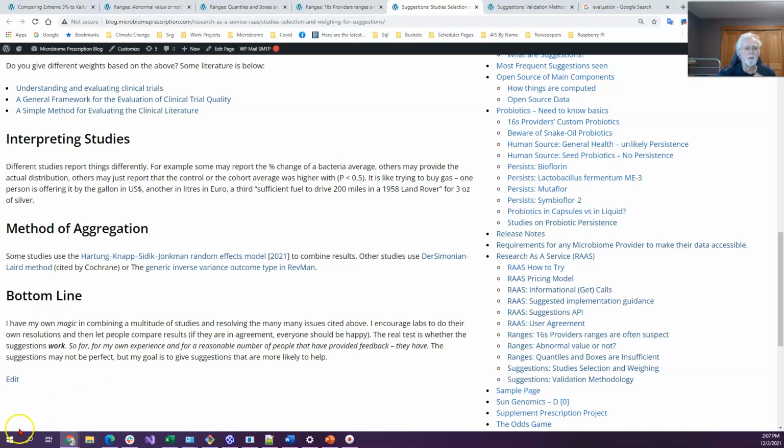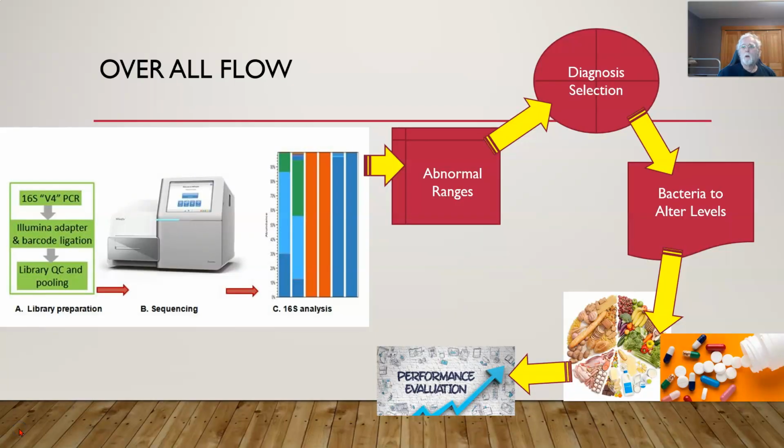Now, at this point in time, let's flip back. We have identified a bacteria to alter. We have built up, hopefully, a good dictionary or library of foods that alter or enrich bacteria, so that we can now go and make suggestions of how to modify things. The last step is an interesting one, which is actually, I would say, far more critical: you have all of this work, you have all the evaluations.